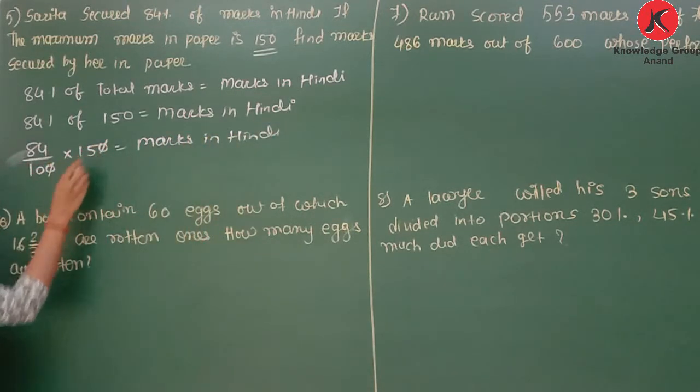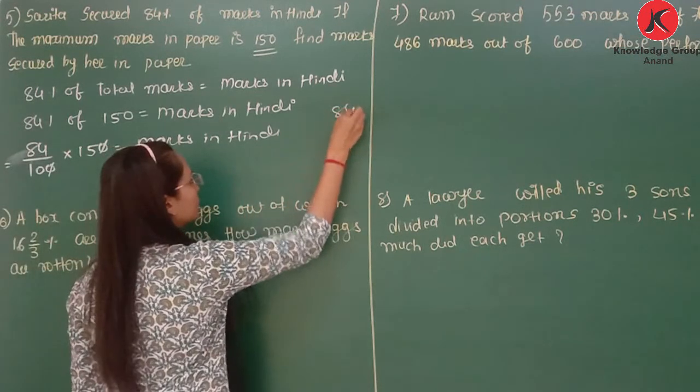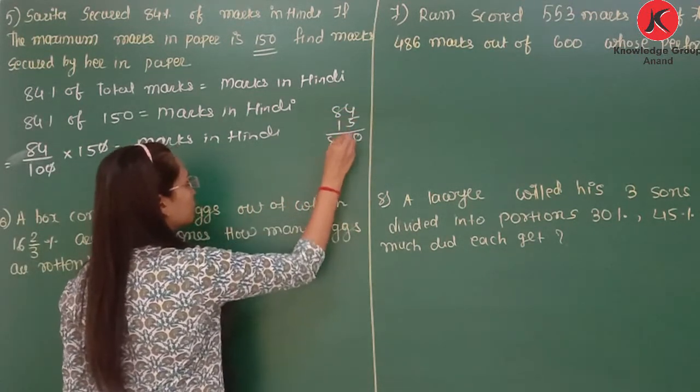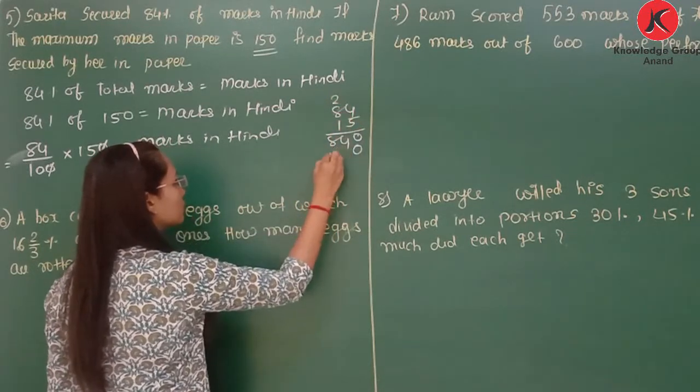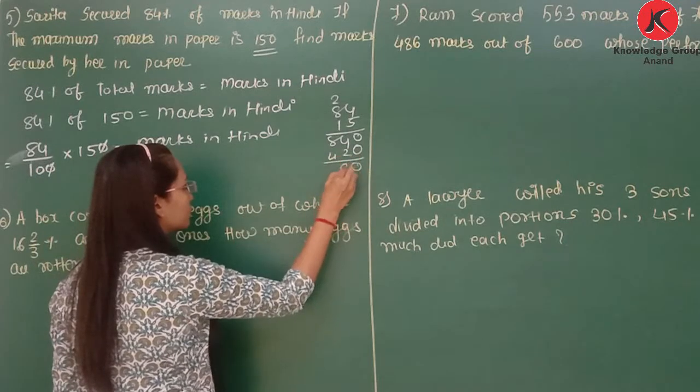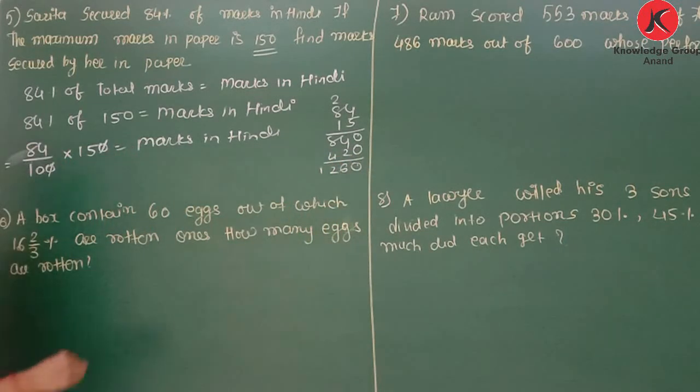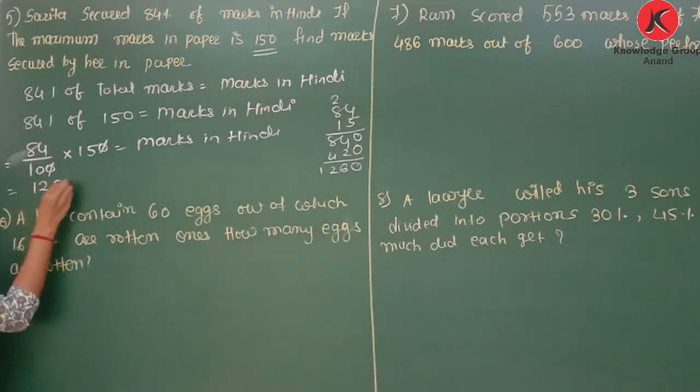Now 10 cancel, 84 multiply 15, so it is 1260 divided by 10.